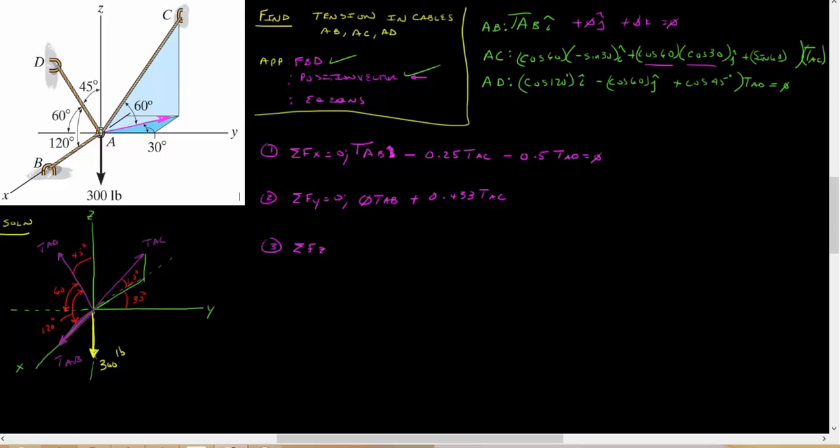And then, this was negative cosine 60, that's going to be a minus 0.5 TAD is all equal to 0.